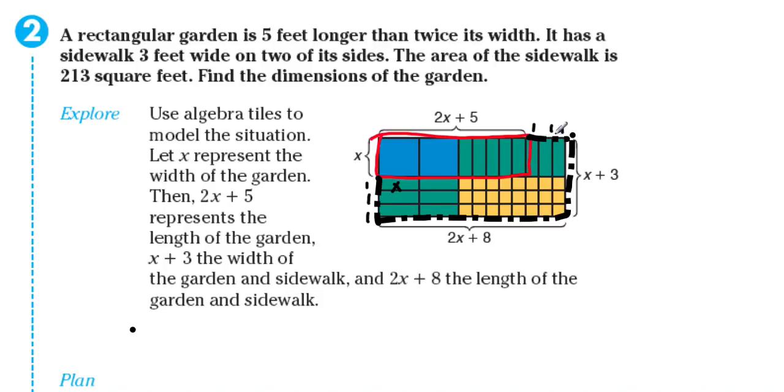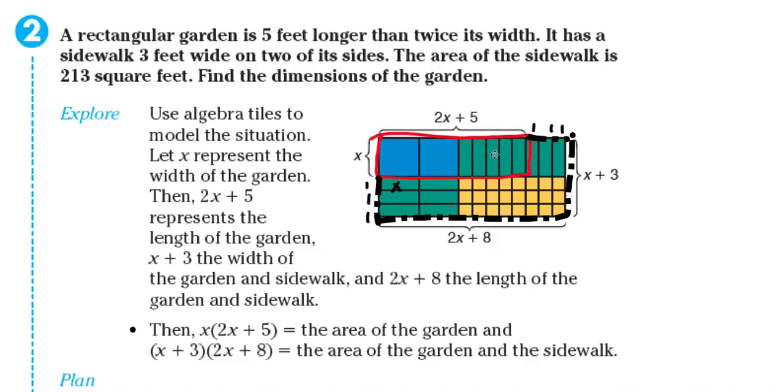Since now it's 3 feet longer, you simply add 3 units to 5, and that's why it became 8. And since this is 3 units, the width now becomes 3 units bigger. You add 3 units to x, that's why it becomes x plus 3. So remember this, you have a small rectangle and a big rectangle. Let's find out what we need to do with that one.